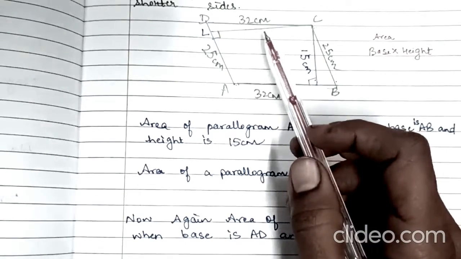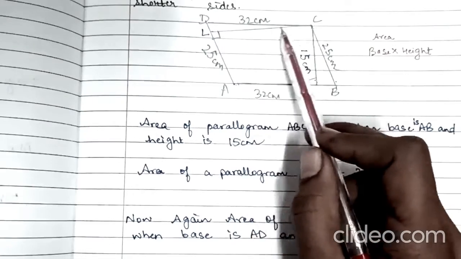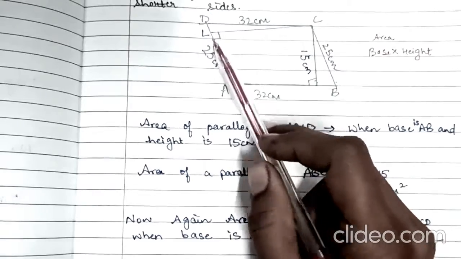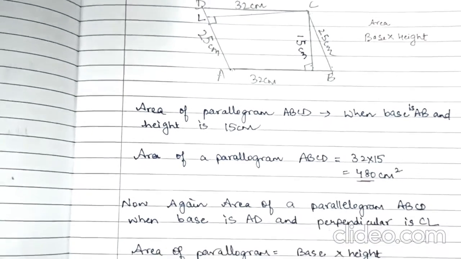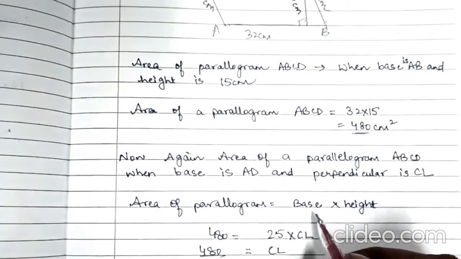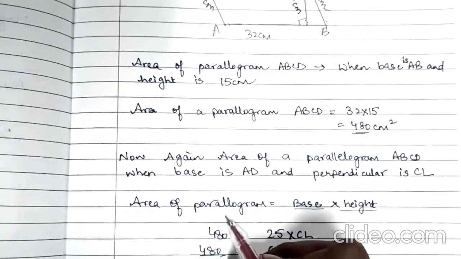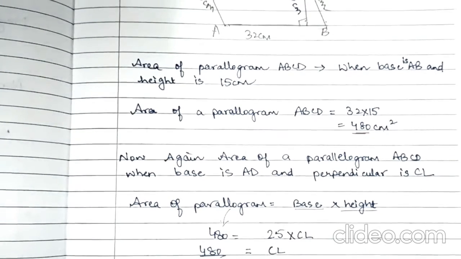Now, in the second case, we will take this as the height, that is CL, and AD as the base. So now the area of parallelogram will be base into height. Now area we have already found out, that is 480.